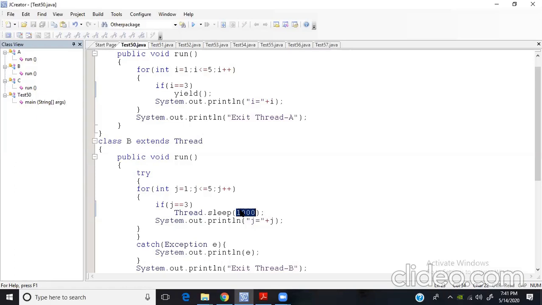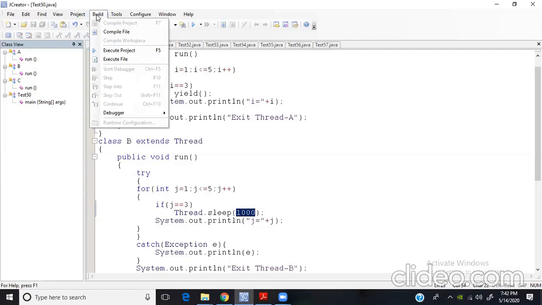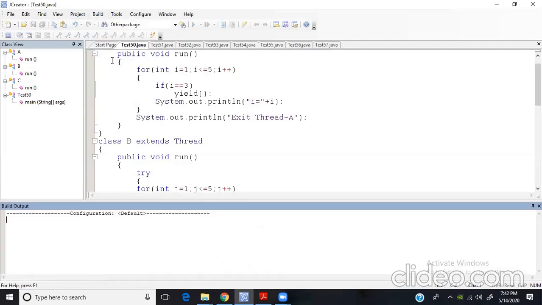And this sleep method says when the 1000 millisecond time gets elapsed, automatically this thread, which is in blocked state by calling the sleep method, is back to the runnable state. So let me execute the program and try to explain the output of this program.